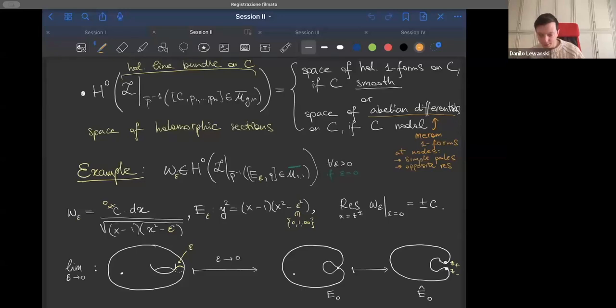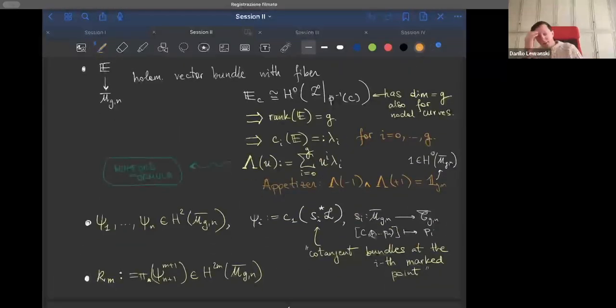So that would give you at the node z plus and z minus opposite residues. And so that qualifies as a non-trivial abelian differential on a genus 1 curve. So this is an example that we have. You can also try to write down differentials like that in higher genus, but it's harder and harder.